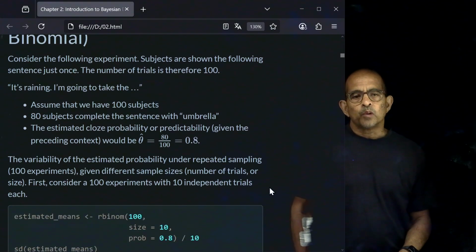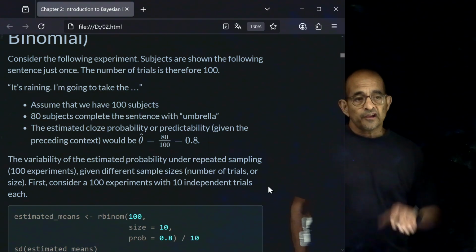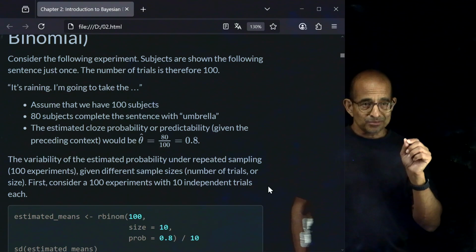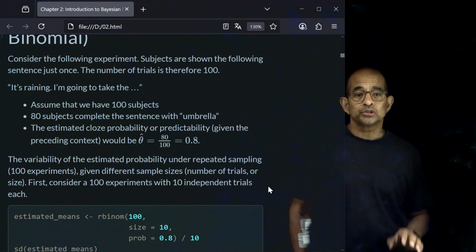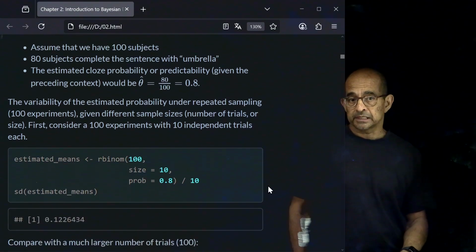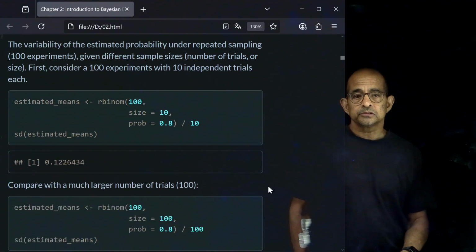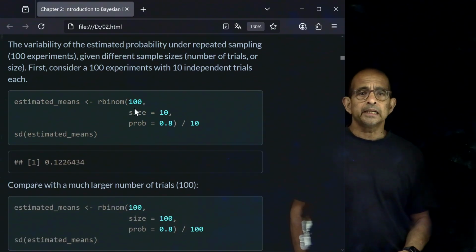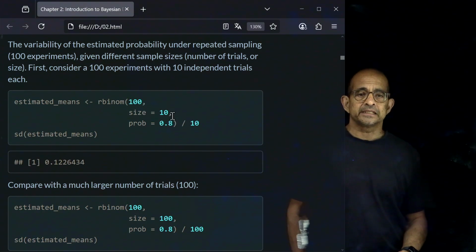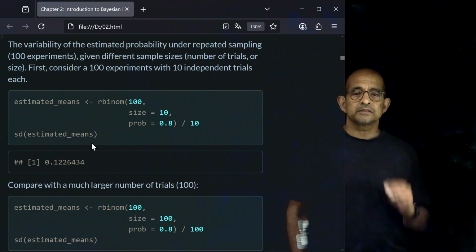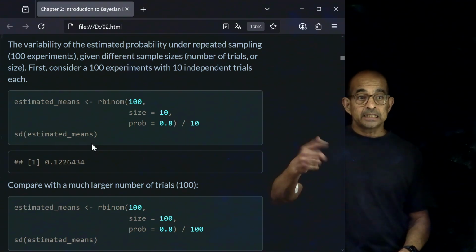So one interesting thing to notice here is that the variability of this estimate, as I also discussed in chapter 1, is going to depend on the sample size, right? So suppose I do 100 experiments, each of sample size 10, and I compute the standard deviation of the estimated means under repeated sampling.